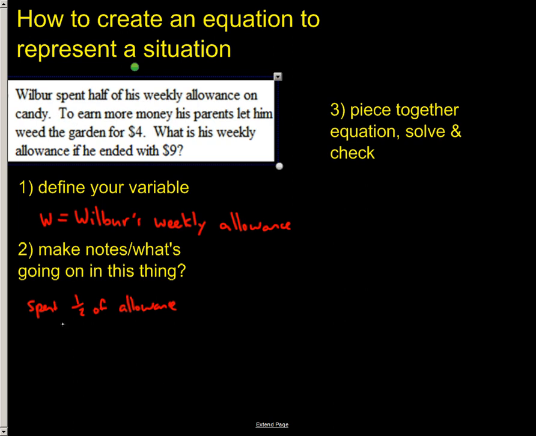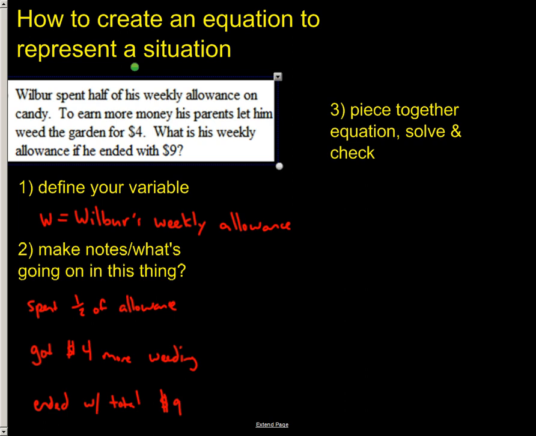To earn more, he got $4 weeding the garden. So got four more dollars weeding. Okay, and he ended the week with $9 before his next little weekly payday. Ended with a total of $9. And they just want to know, well, fine, what's his weekly allowance?